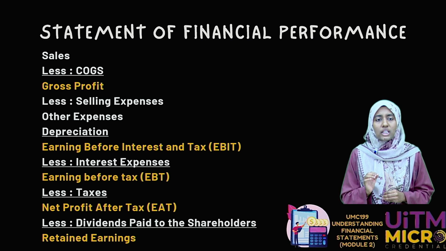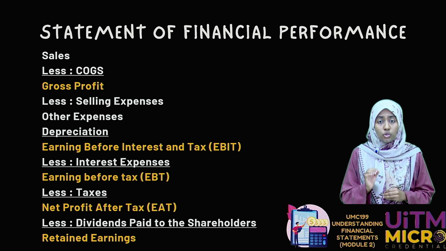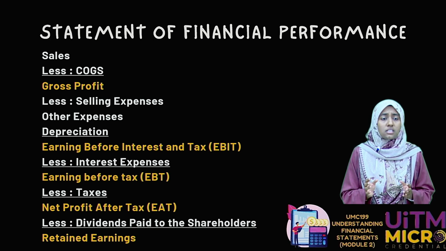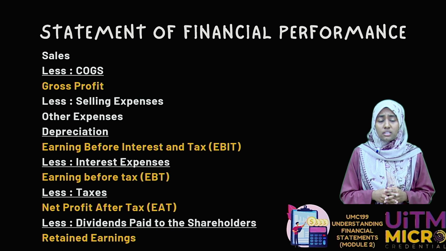After subtracting interest expenses, you are left with EBT. This is the company's earnings before taxes are considered. It is like saying, here's how much money the company has earned before any taxes are applied.